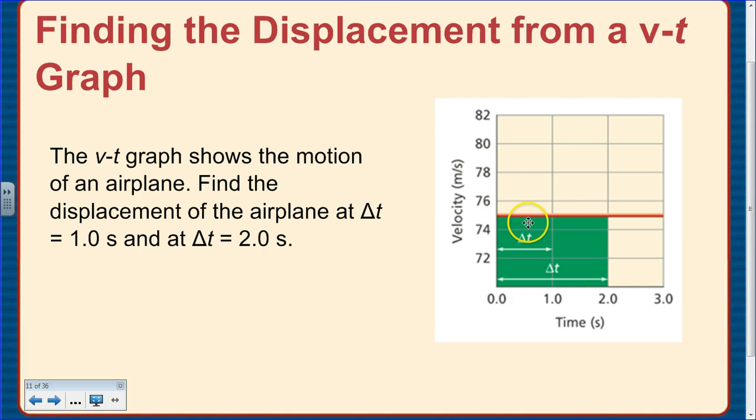The area under this curve for 1 second would be base times height, 75 times 1 is 75. For 2 seconds, again 75 meters per second, the base is 2, the height is 75, and 2 times 75 is 150.